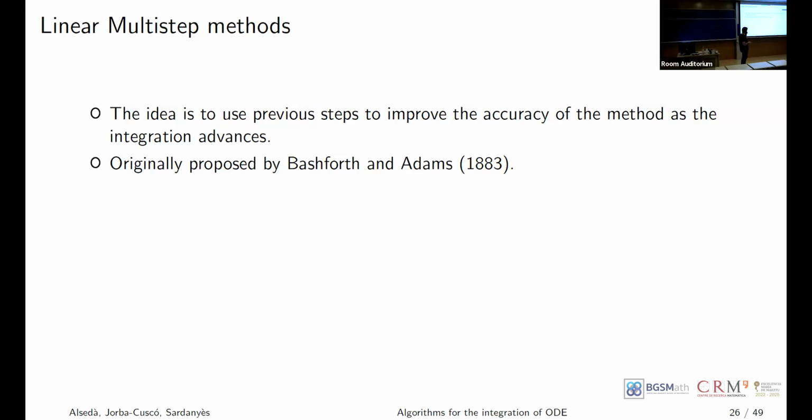And this was originally proposed by Bashforth and Adams. If you've used linear multi-step methods, you've probably heard about the Adams-Bashforth method and other Adams-Moulton predictor-corrector schemes and so on. So there's a whole family of methods that come from the ideas of Adams and Bashforth.